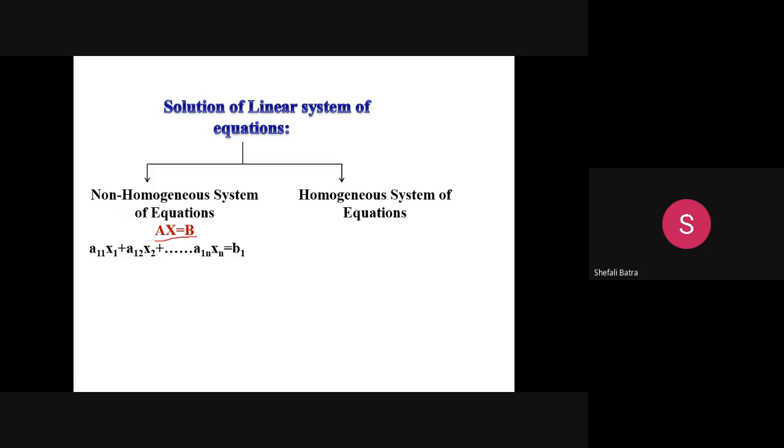Ax is equal to b. So you'll be having system of equations like a11x1 plus a12x2 plus up to a1n xn is equal to b1. Similarly, another equation a21x1 plus a22x2 plus up to a2n xn is equal to b2. Likewise, you are having m equations with n number of variables, x1, x2, x3 up to xn are unknown variables, and you are having these m equations where bi's are not all 0.